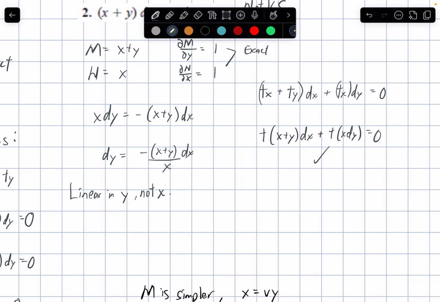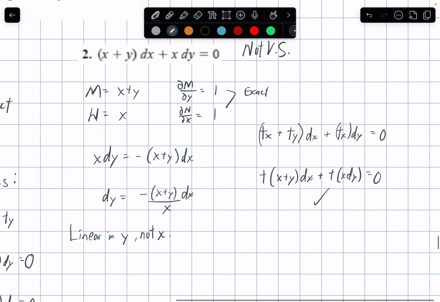So let's identify now whether m or n is simpler. So obviously n is simpler. So what do we use? x equal to, y equal to ux.